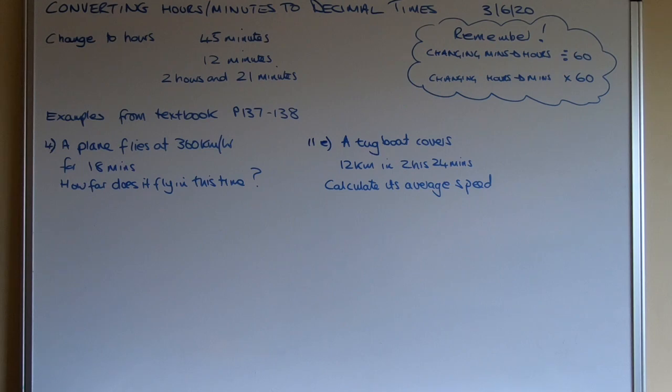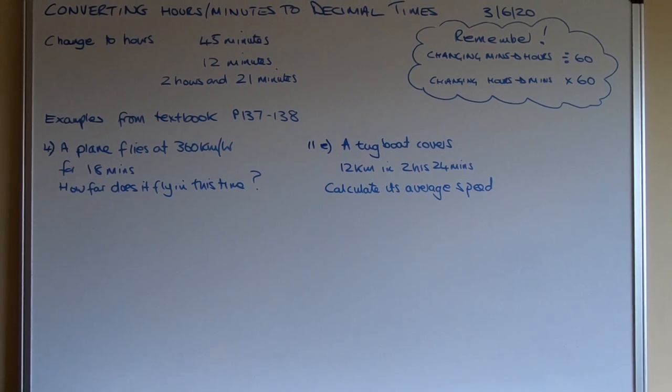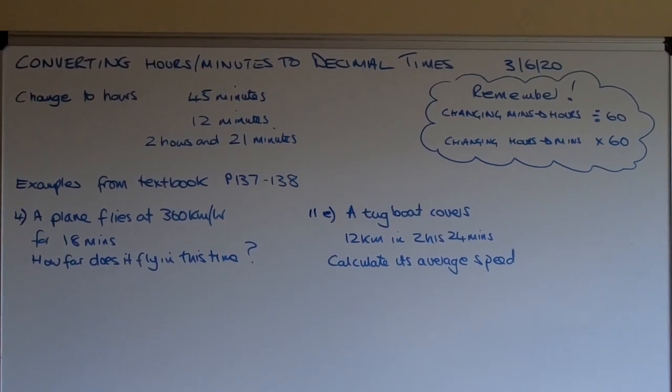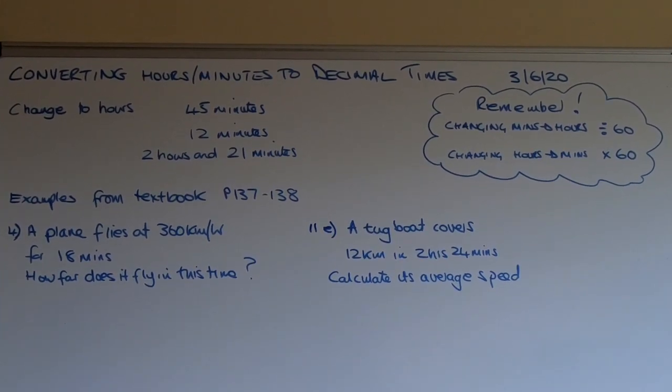So let's look at what we have on the board. First thing we've been asked to do is change 45 minutes to hours. Now 45 minutes is less than a whole hour, it's a fraction of an hour. And can you remember, I've put on the board there, if you're changing minutes to hours, then you would divide by 60. A good check to have in your head is 60 minutes is 1 hour.